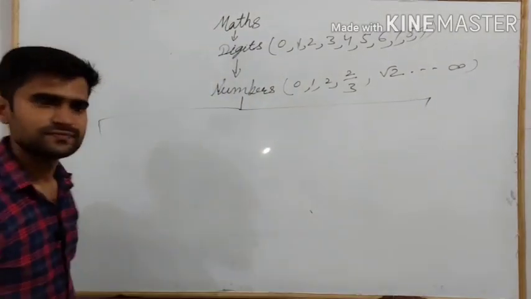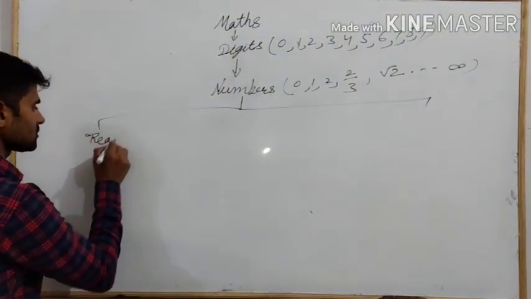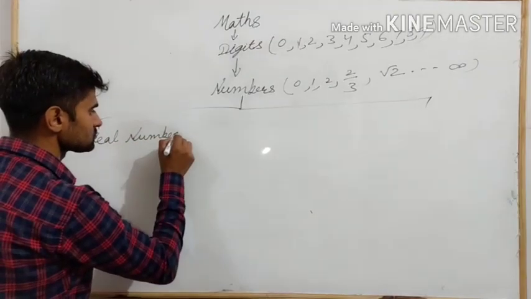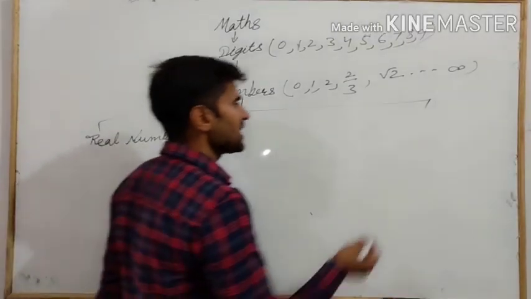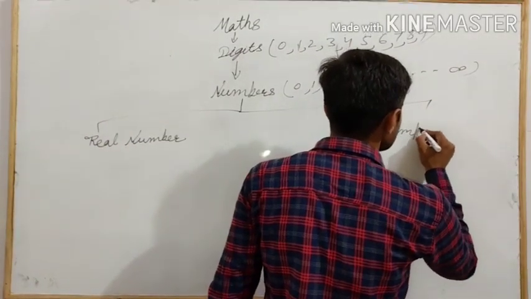two types. First is real number and second is imaginary number or complex number.